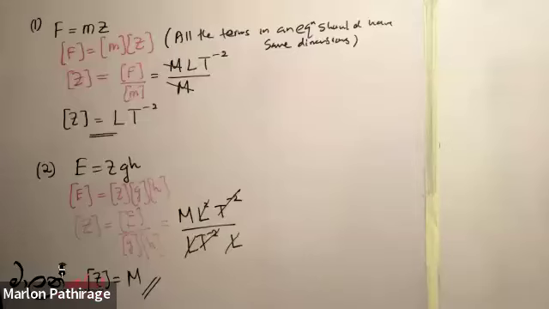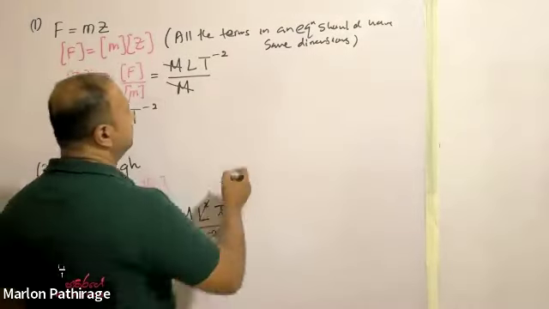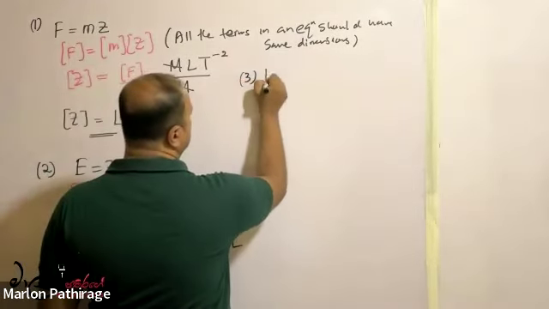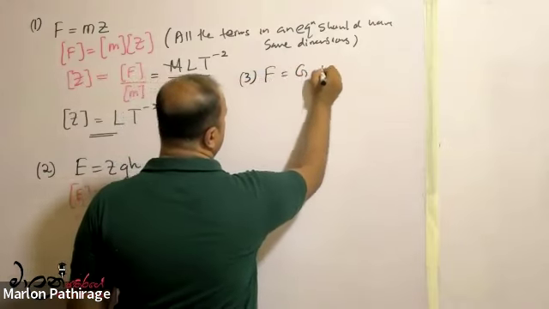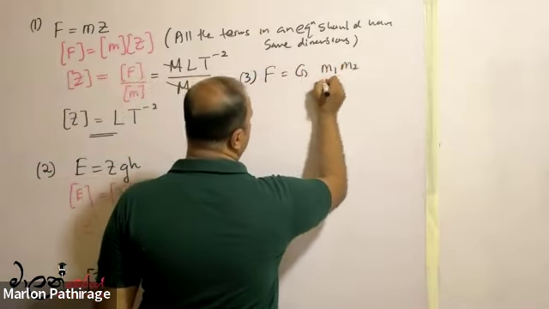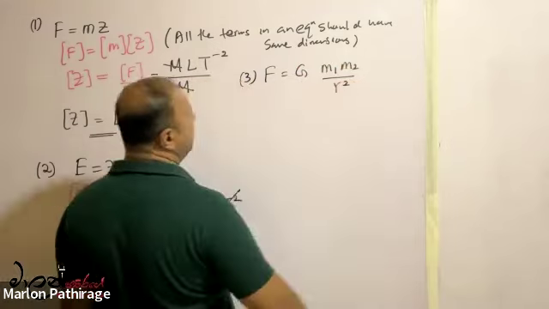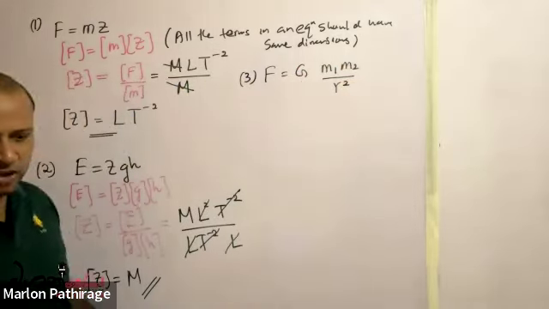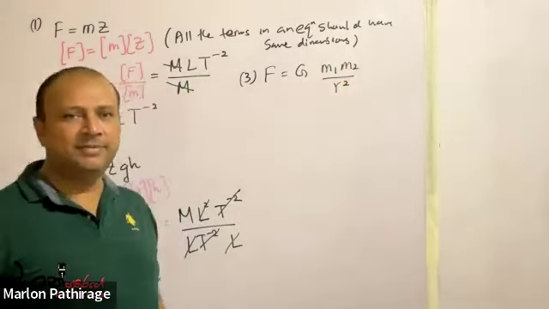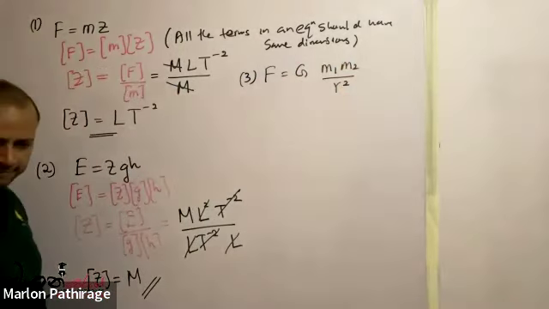Oh, sir. Third one. F equals G M1 M2 over R squared. You have determined the dimension of G. Again, the same argument.